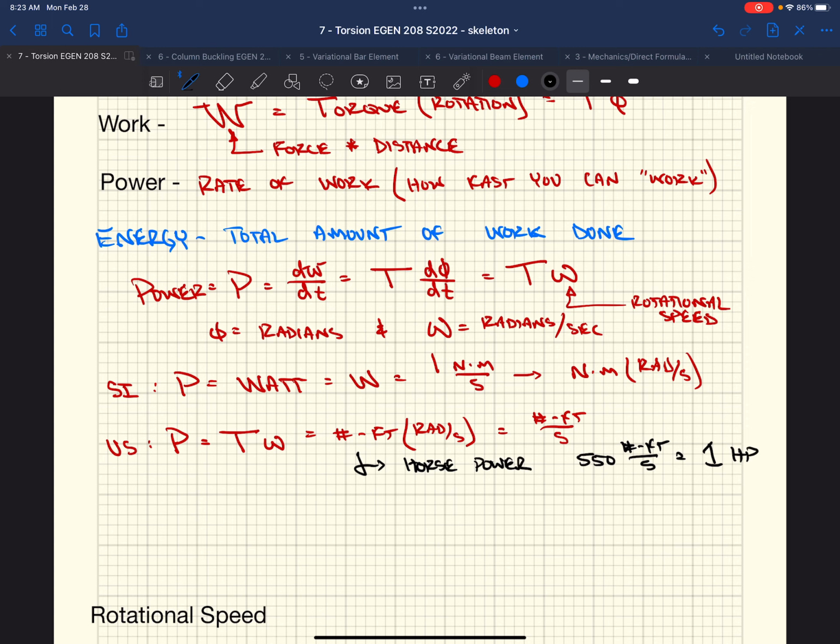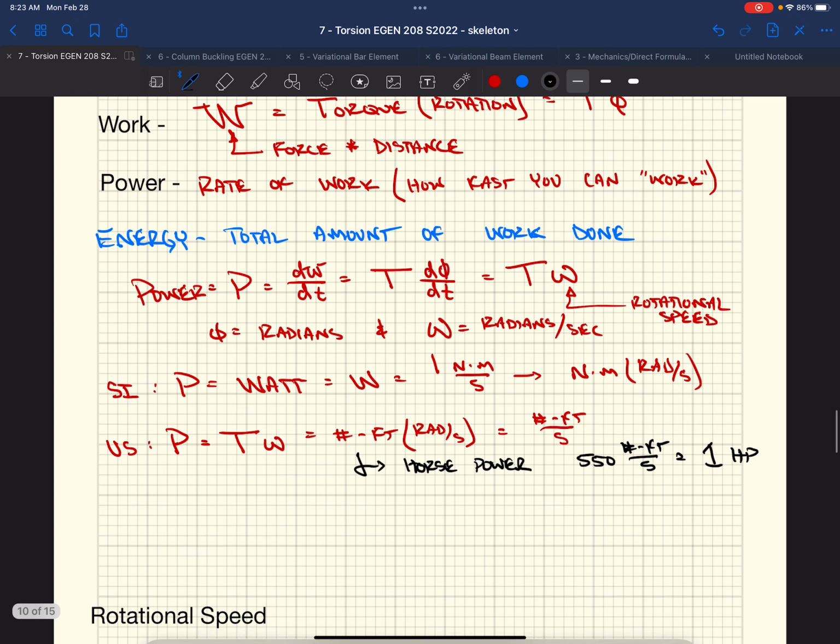One horsepower. And as you mentioned, 1 horsepower is approximately equal to 750 watts, just from a comparison standpoint, right?